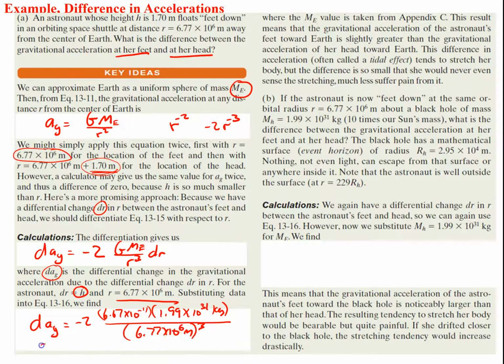So you get a value that's negative 4.37 times 10 to the negative 6, and that's going to be in meters a second squared.